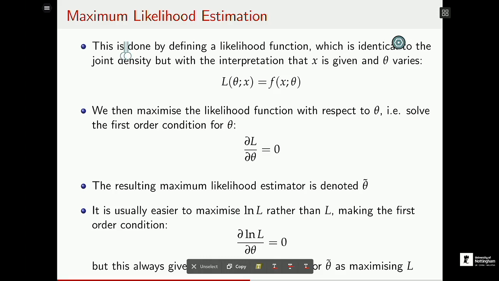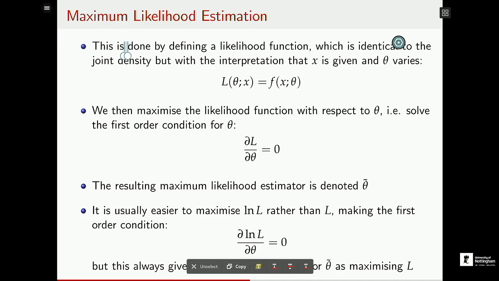What we do next is maximise it, as the name suggests. You maximise the likelihood with respect to theta. And so at this point it just becomes a calculus problem. You've got your equation, L, and you want the maximum, so you differentiate with respect to theta.